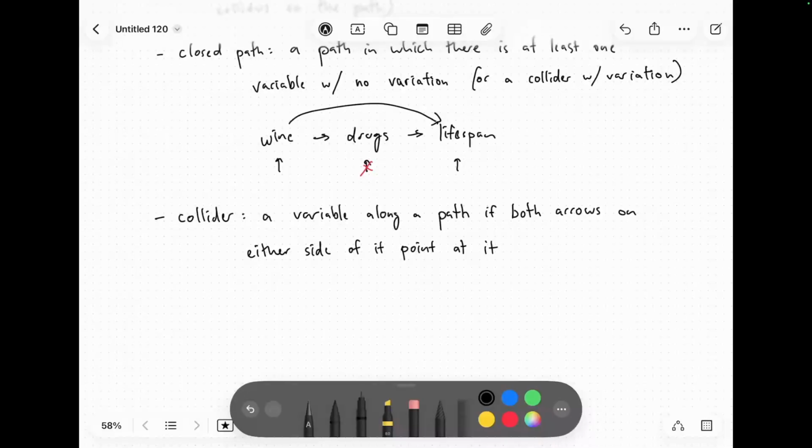So an example of this would be, say we have our treatment. We have A, B, C, outcome.